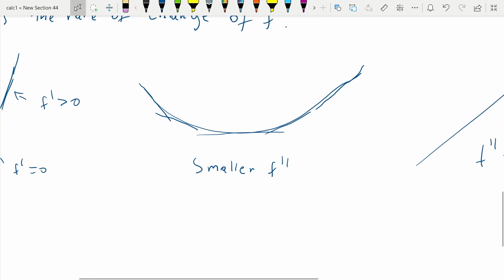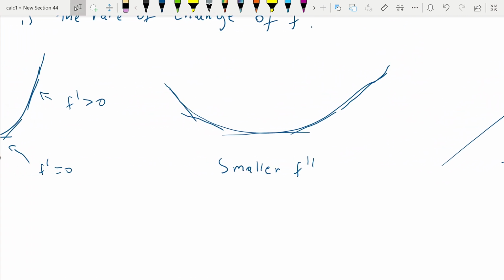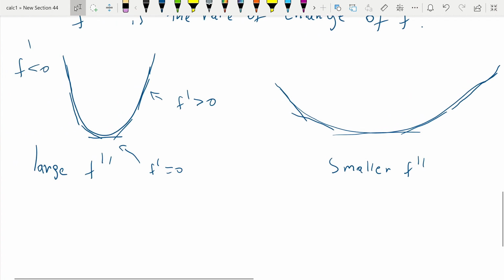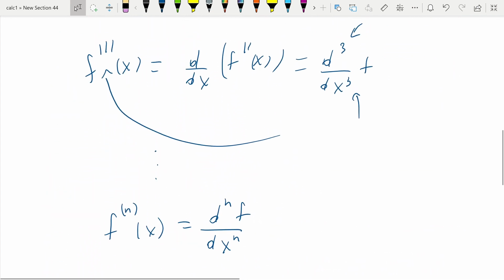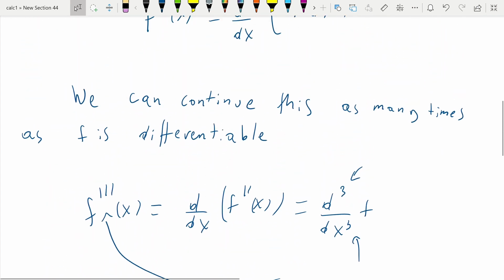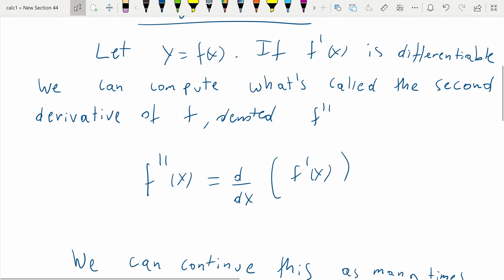But this is just to motivate this discussion. As I told you, we'll come back to this graph sketching later on, and we'll deal with it in more detail. For now, just to mention, we're computing higher order derivatives, but the most important for us will be the second derivative. This will give us the most information when we're analyzing critical points, which we'll talk about in the next few weeks.